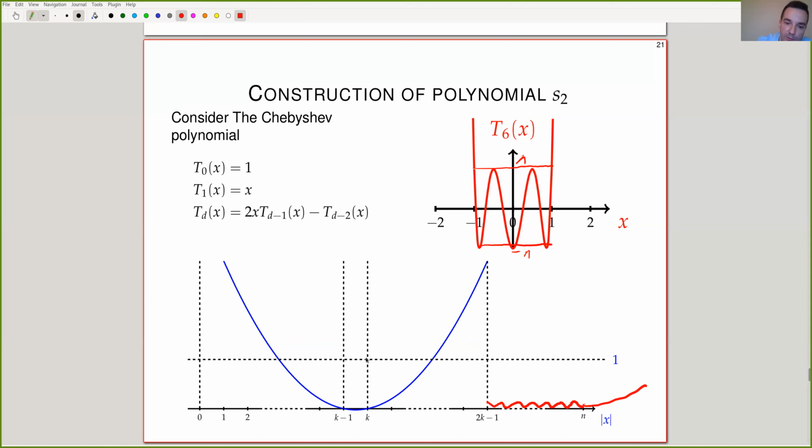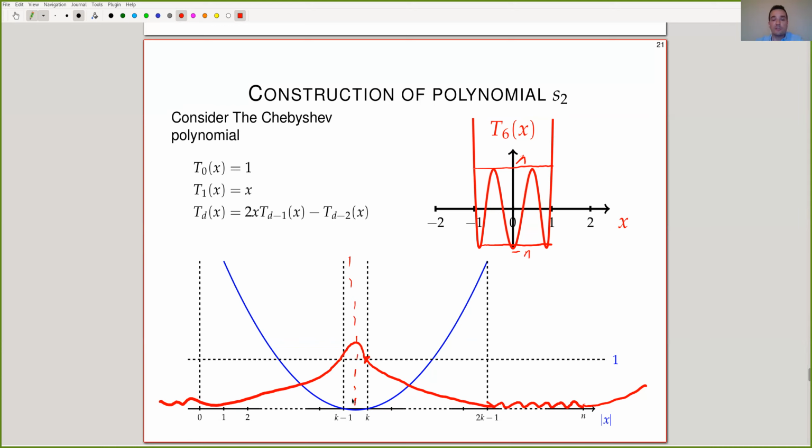I would like it to grow in a way that here it exactly takes value 1 as needed, and then it might grow even farther. And the last step is just to symmetrize this polynomial around the point k minus 1/2, so that we get the following polynomial. And this is how we construct polynomial S2.